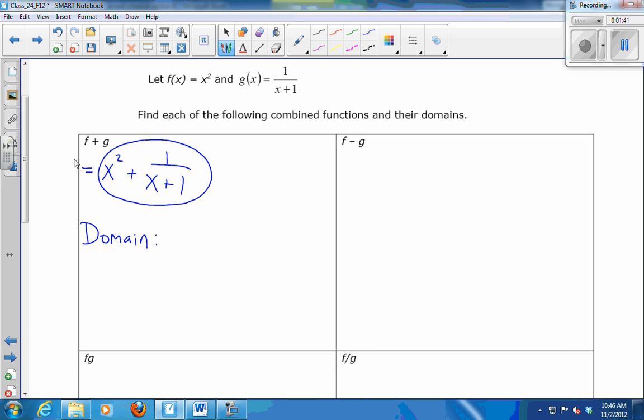So I'm going to make a little number line that shows the domains of each of my two functions. For f, we said it was all real numbers. So here's my domain of f. And for g, it's all real numbers except -1.